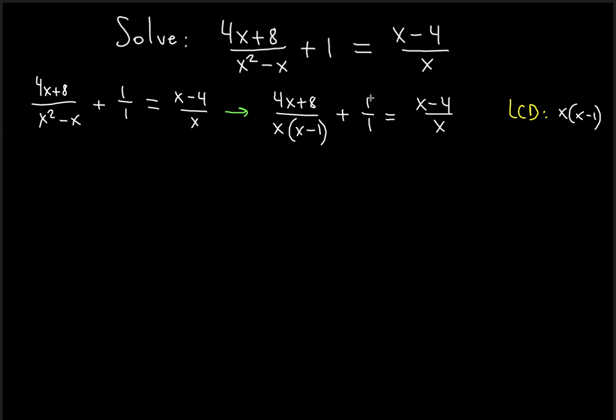It will receive both x times x minus 1 multiplied to the numerator and denominator. And only x minus 1 will be multiplied to the denominator and numerator of this fraction on the right side of this equation. So what this looks like is this.